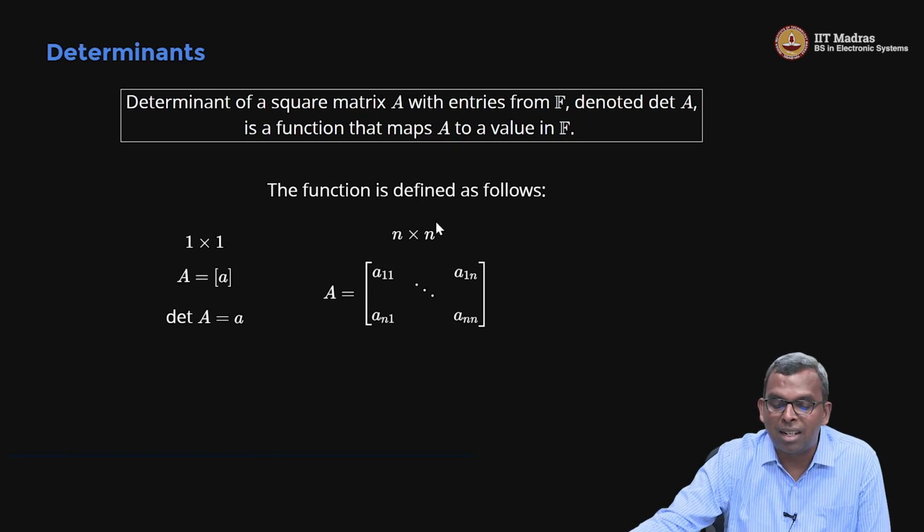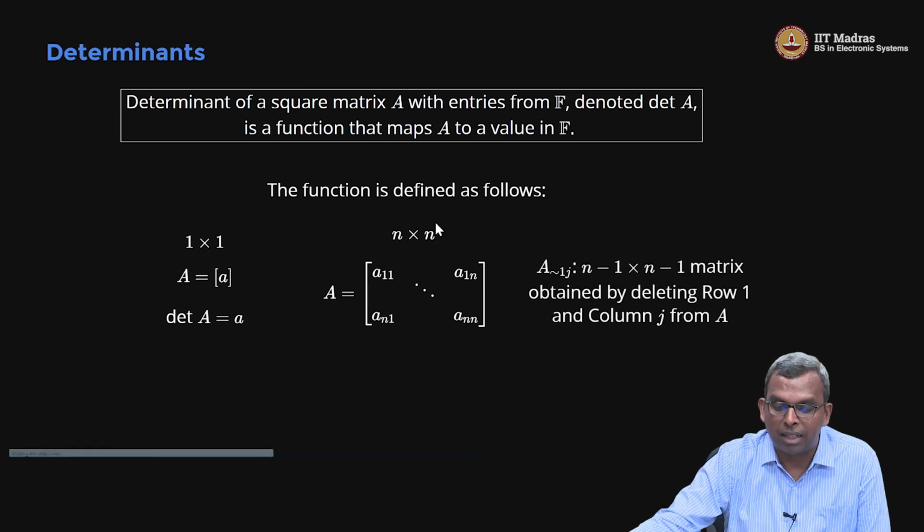To define n by n, I need this notion of a cofactor type thing. This is one particular minor or cofactor. This A tilde 1j means I get rid of the first row and the jth column.